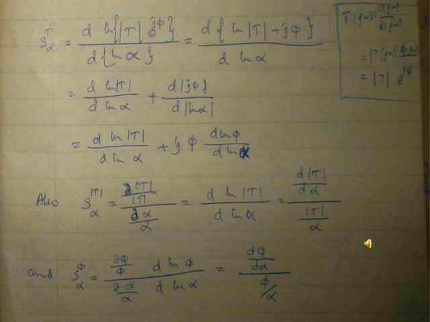So S T magnitude alpha is equal to dT by T divided by d alpha by alpha, which is d ln T divided by d ln alpha, that is dT by d alpha divided by magnitude of T divided by alpha. And S phi alpha is d phi by phi, d ln phi divided by d alpha by alpha, d ln alpha, that is d phi by d alpha divided by phi by alpha.